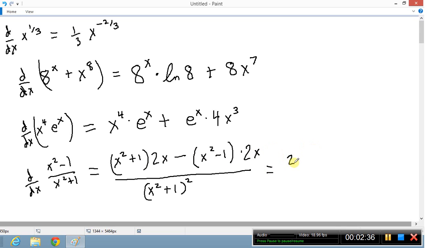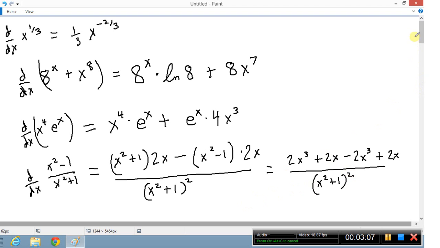You're going to get 2x cubed plus 2x, and now remember that minus has to be distributed, so you're going to have 2x times x squared, which is minus 2x cubed, and then you're going to have minus minus, which makes it plus 2x, and all of that is divided by x squared plus 1 squared.